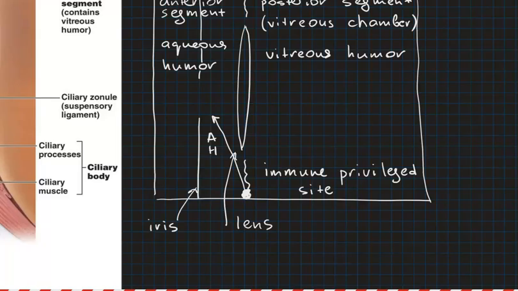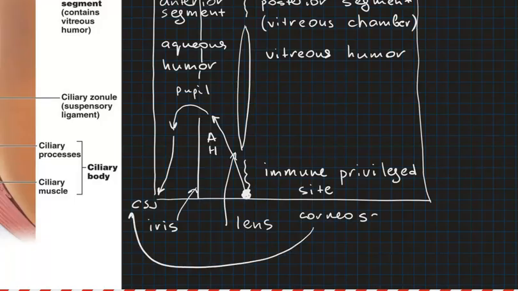The pupil, so that opening is a pupil, allows aqueous humor to drain into the front part and eventually leave the eye through the corneal scleral junction.